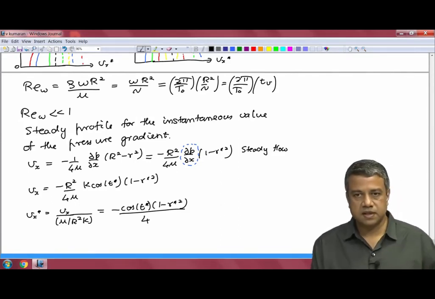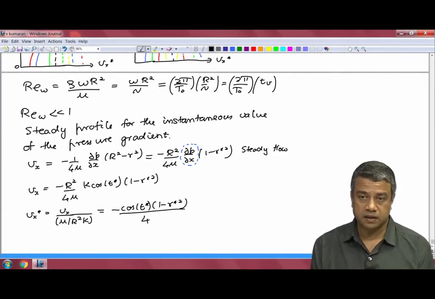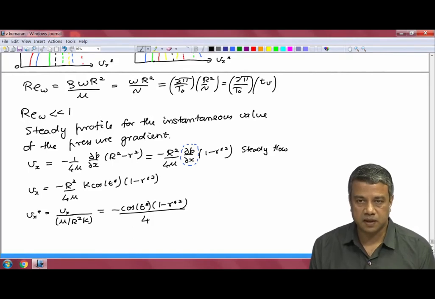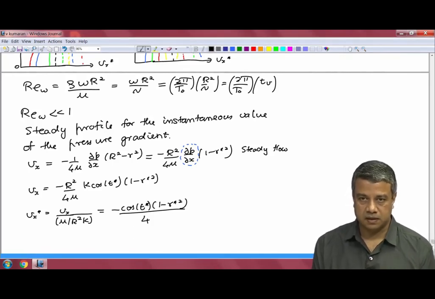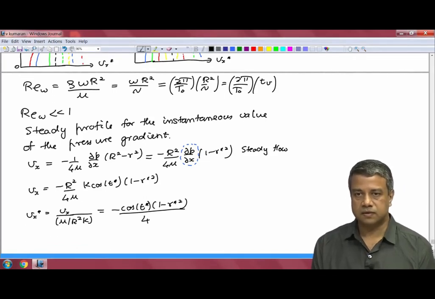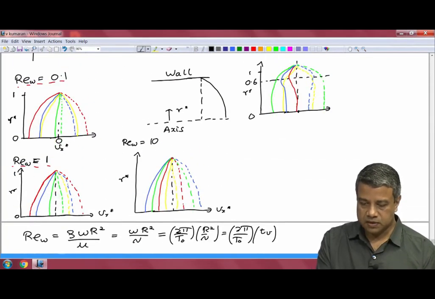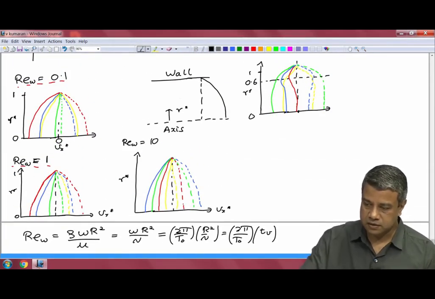So, this is the parabolic velocity profile in the limit of low Reynolds number, where the velocity field is responding almost instantaneously to the instantaneous value of that pressure gradient at that instant of time. You get back the parabolic velocity profile, and those are what you saw over here.